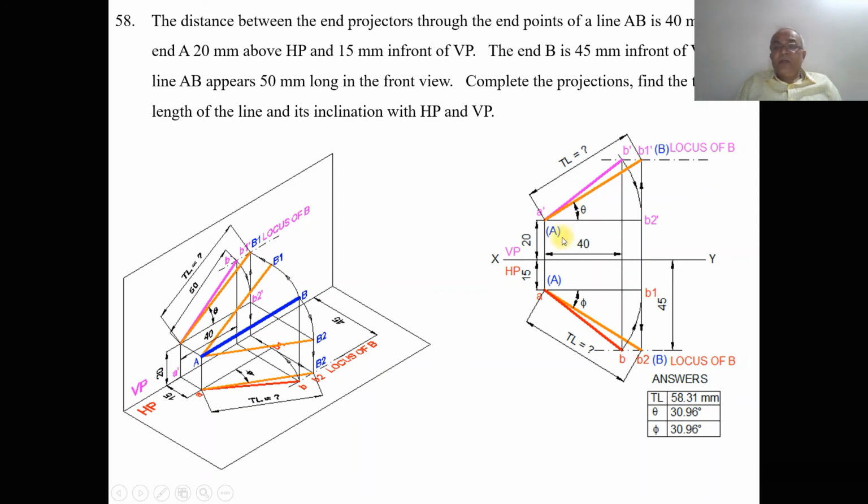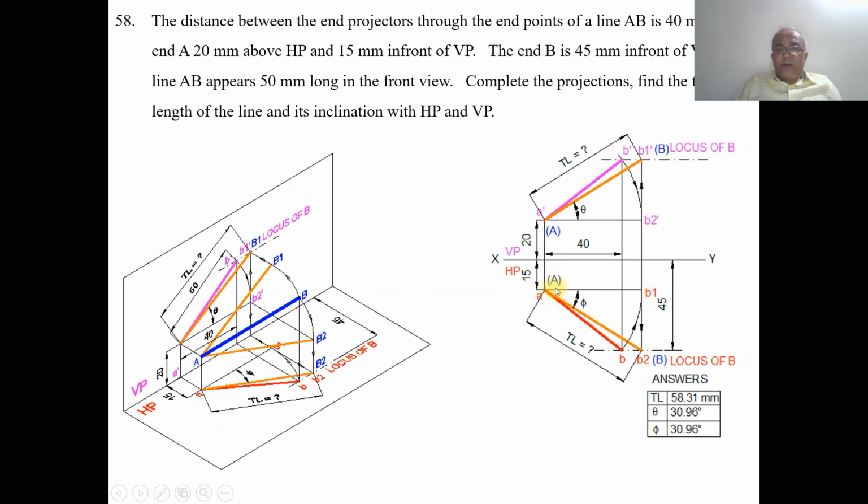Now we need to find the true length in the vertical plane. With A as center, using the compass, you measure the radius of AB. Then draw an arc such that both A and B1 are in front of VP by 15 mm.